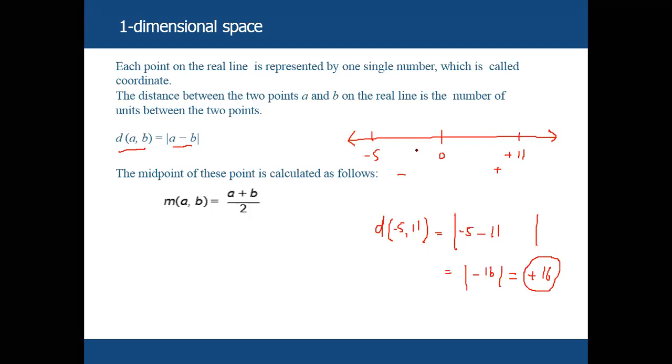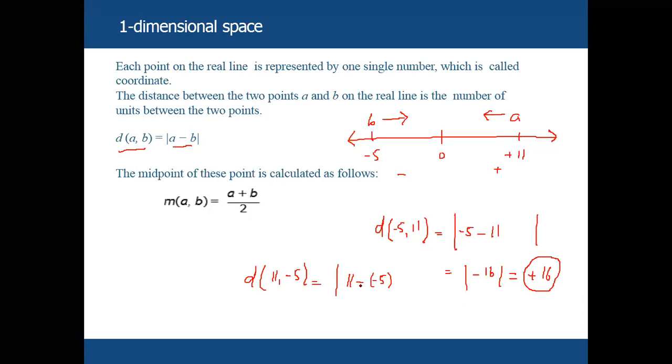If you consider 11 as A and -5 as B, the result will be the same, because this shows distance. Whether you measure from the right side or the left side, both results will be the same. First take 11, then -5: the absolute value of 11 minus, then we have -5.